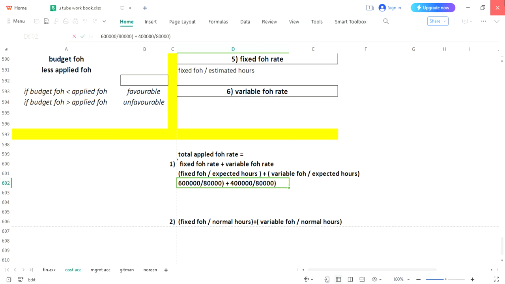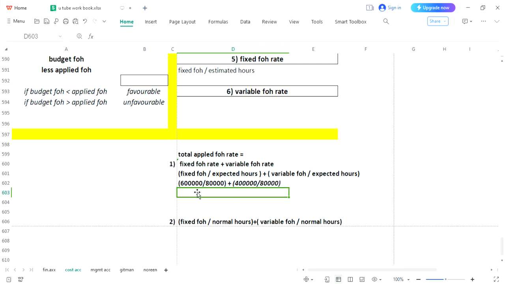We will come over here. You can see that this is the first part of the question and here is the second part of the question. We can differentiate it. Let's make them italic. So you have two different rates. First part of this question is for fixed FH rate. Second part of this question is for variable FH rate.